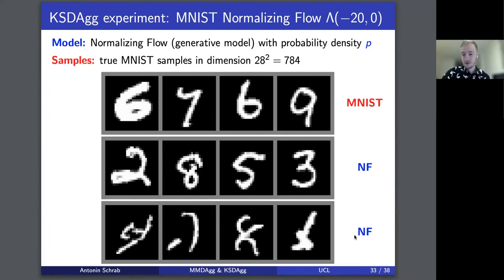However, some images drawn from the normalizing flow do not look like digits. Essentially, this is because it has to interpolate from one digit to another, so sometimes it doesn't really look like a digit.